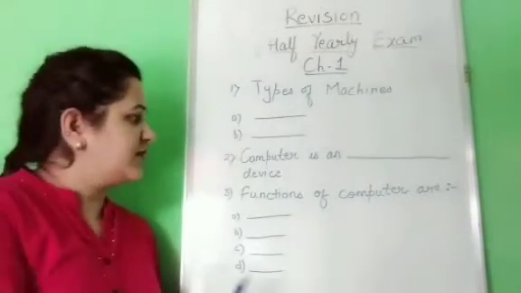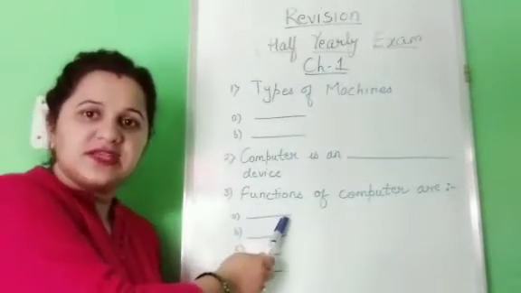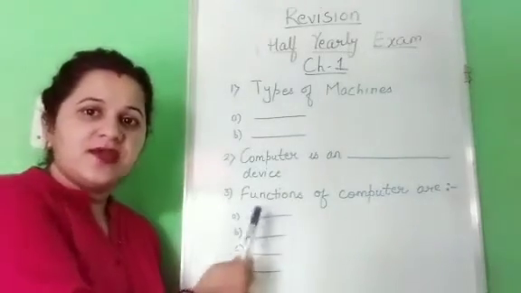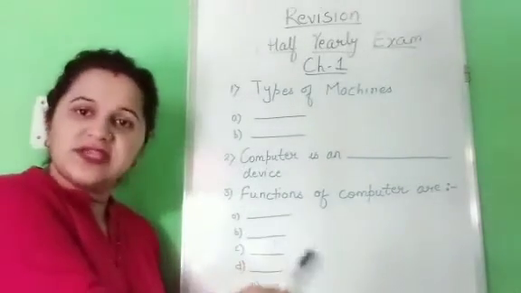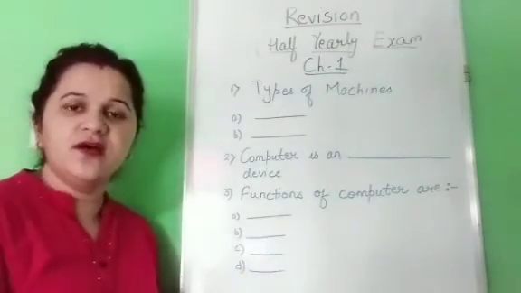So here you have to write down the functions of computer. Input data. Next, process data. Then output data. And the fourth one is store data. These are the functions of a computer.